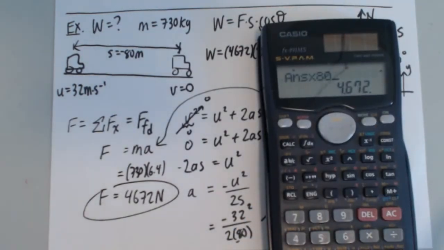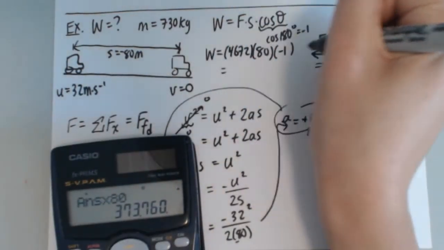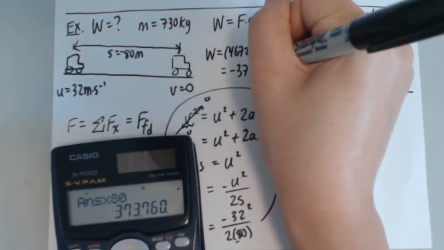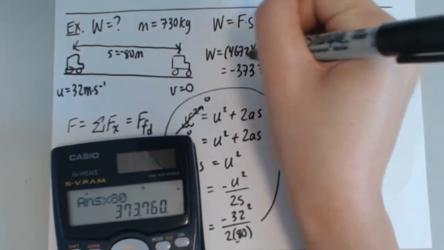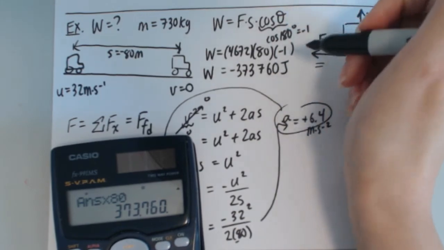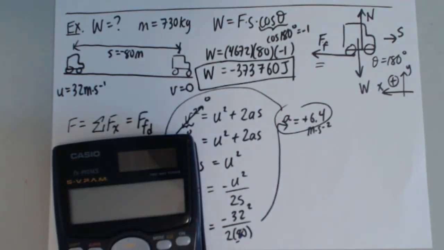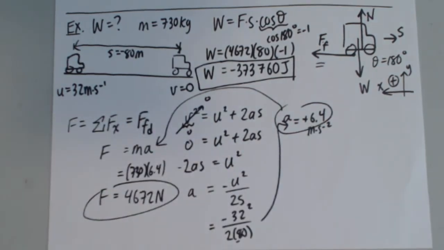So 4672 times 80, that's a big number. 373,760, and we have to put the minus in front: minus 373,760. You can put the units as newton meters or joules. I'm going to put joules. So the work done by the brakes in bringing the car to a rest is negative 373,760 joules.